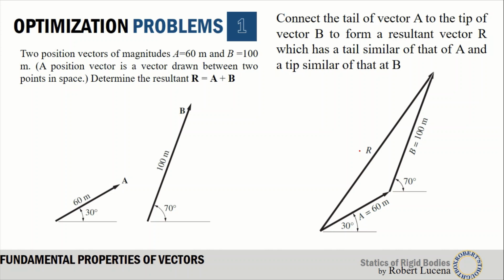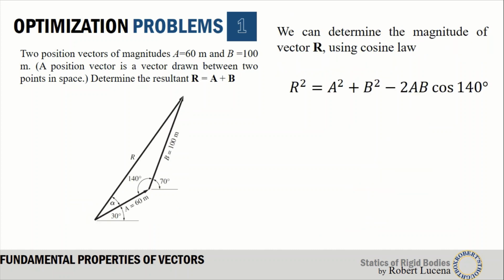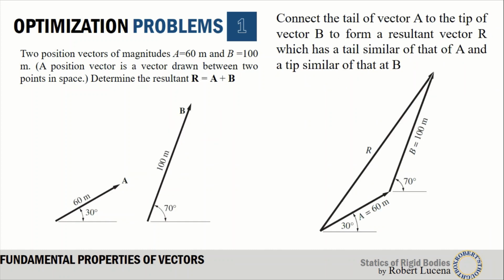Now, we will draw the resultant, which is the sum of vectors A and B, and we can use trigonometry to analyze the magnitude or the length of vector R and the direction of vector R. Now let me just move the drawing here.